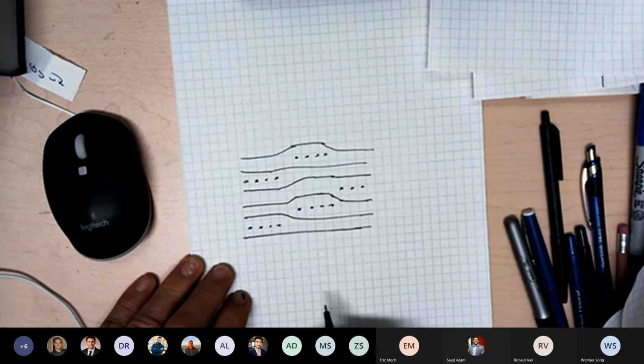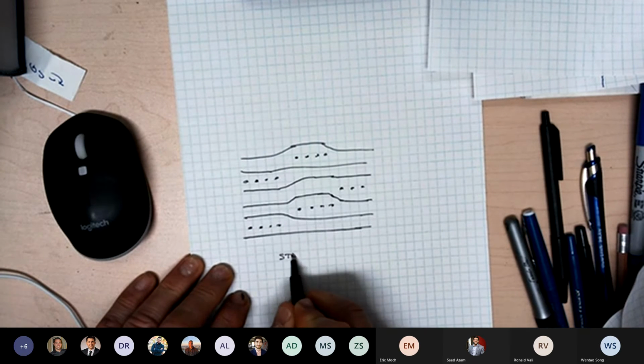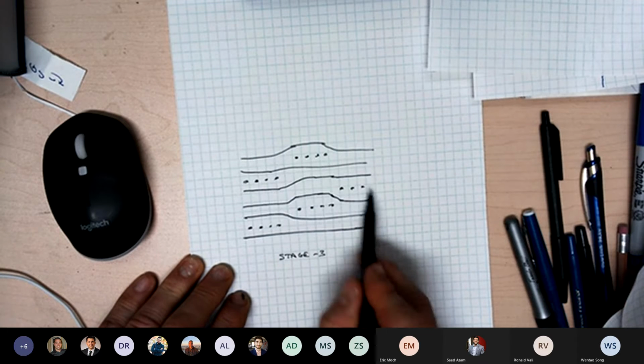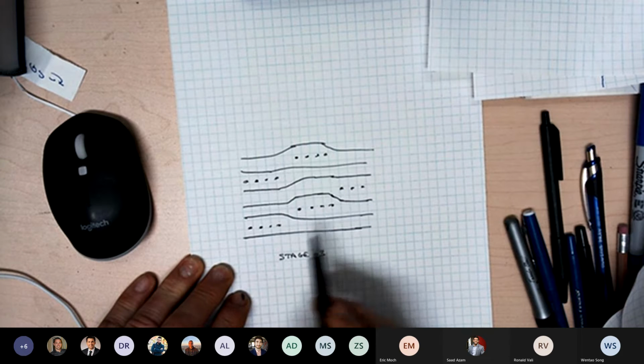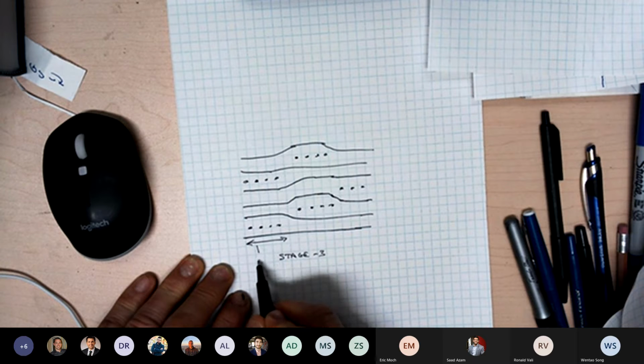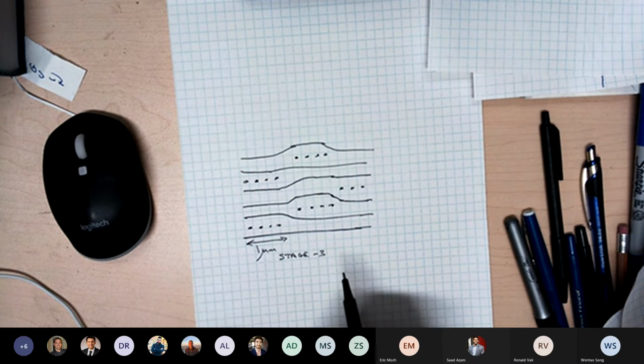All right. So this is stage 3. Every layer has got the same amount of lithium in it, but there are these islands about 1 micrometer in size.